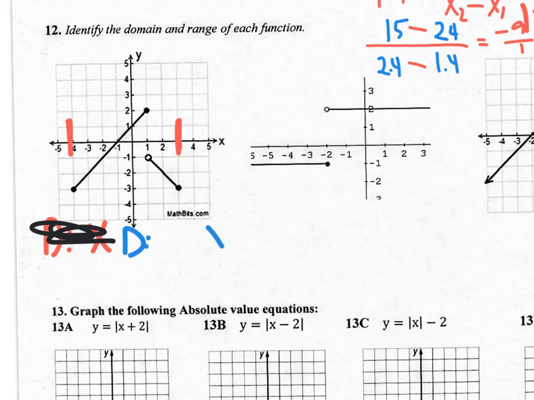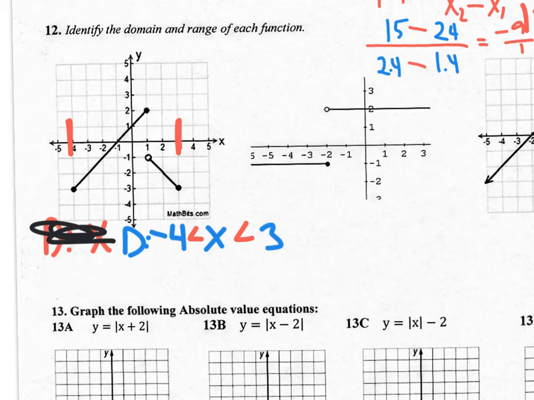Domain, you're going to put x in the middle. You're going to put your smaller number on the left side, the -4. The bigger number on the right side, the +3. Now since you put the smaller on the left and the bigger on the right, it's going to be both less than symbols always, because it's always going to be opening up to the right because the numbers on the right are greater.